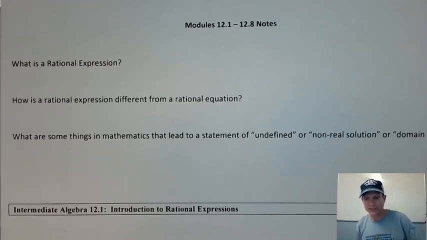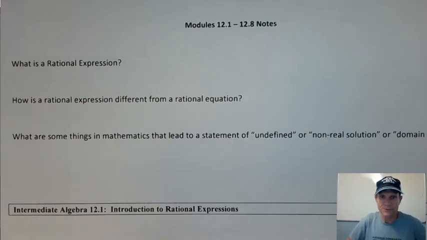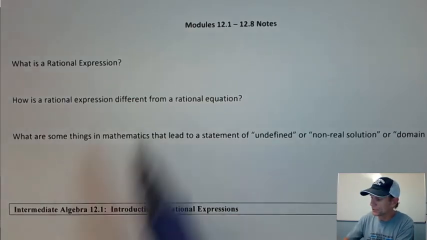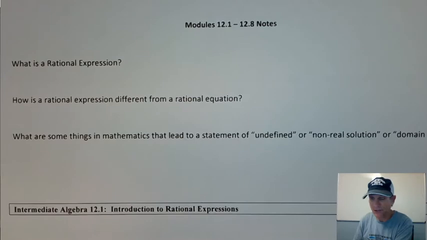Alright, let's get started with Module 12 here, where we start talking about rational expressions. We've already learned about polynomials, and so that vocabulary helps us out a little bit with rational expressions. A rational expression is basically a fraction.